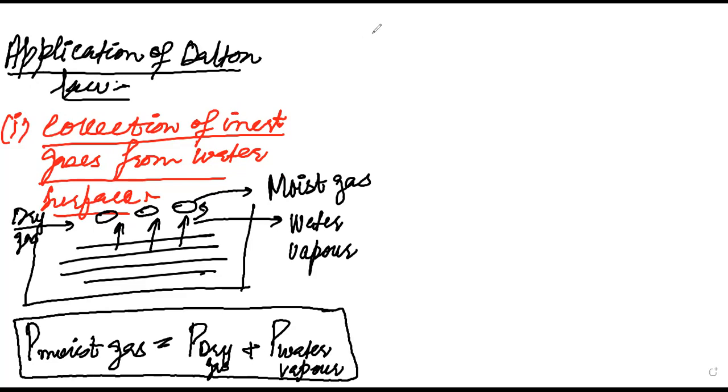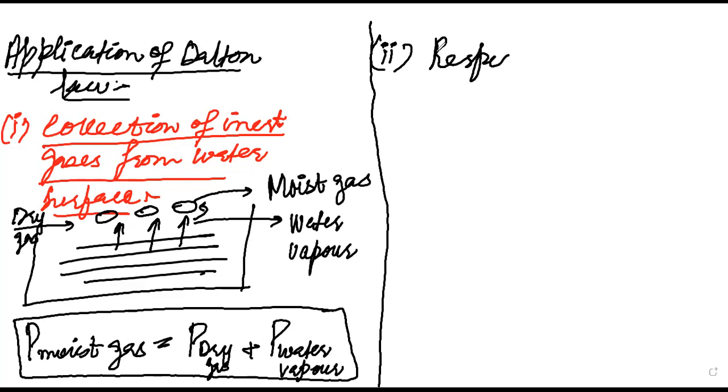The second application is very common, that is the respiration process in the human body. We know that oxygen is inhaled into the lungs and carbon dioxide is exhaled from the lungs.